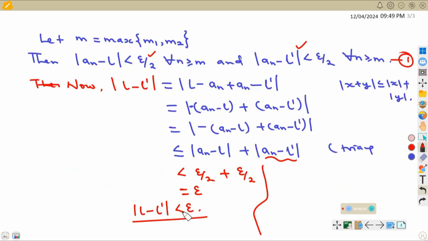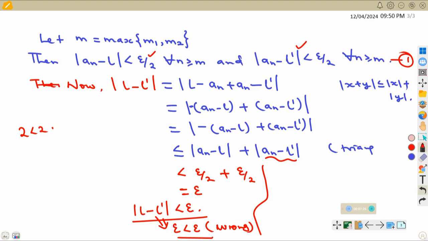Now I have got my expression as this, and by our assumption this is epsilon. So clearly we have epsilon is less than epsilon, which is wrong, because 2 cannot be less than 2. 2 is equal to 2.